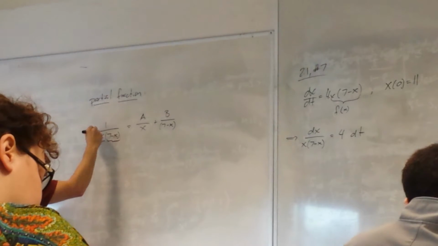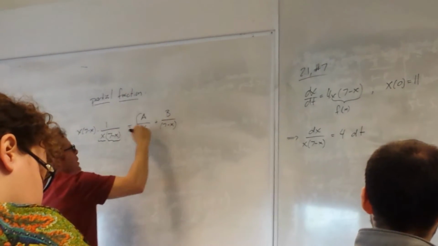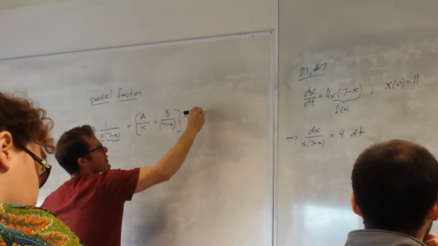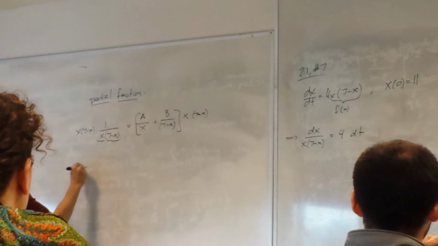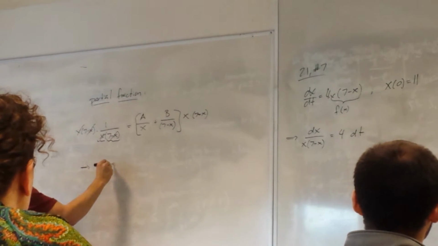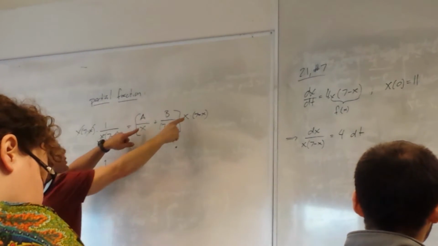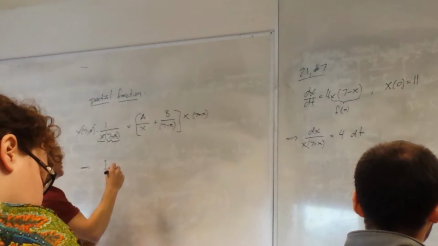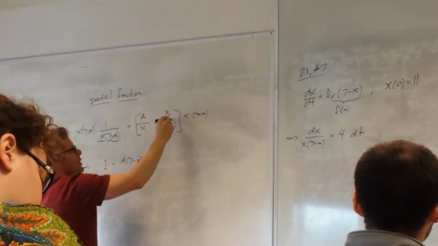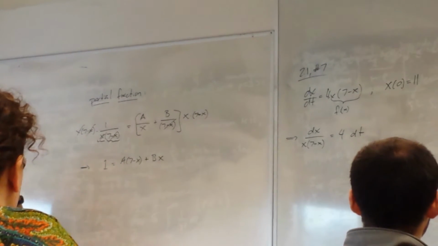If you imagine multiplying both sides by x(7 minus x), it's helpful to visualize. On one side, that all cancels out and you just get 1 equals, and when it distributes to each term, the first term cancels the x's, so I have a times (7 minus x), plus, equivalently, the 7 minus x cancels there, b times x.